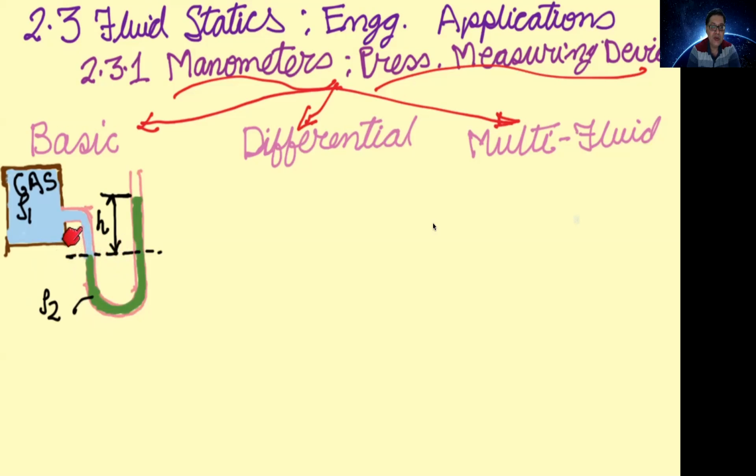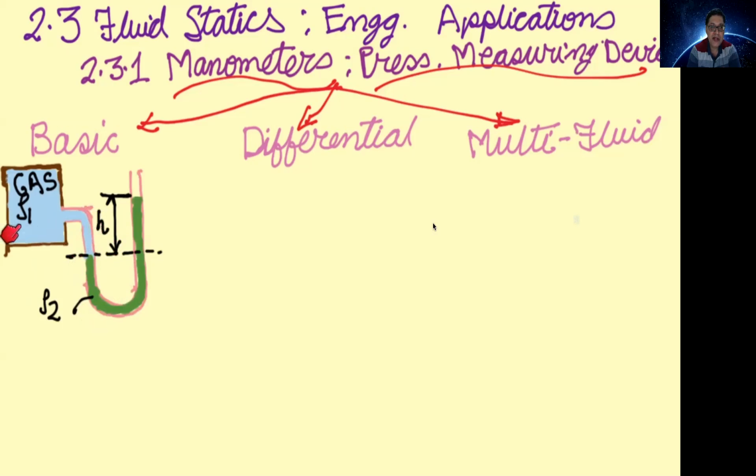But as soon as you connect this limb of the U-tube with the gas at higher pressure, the higher pressure pushes the manometric fluid downward, and it leads to a variation of the height of this fluid in the two limbs of the U-tube manometer. This difference in height is represented here by H.